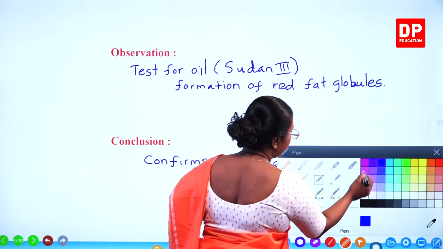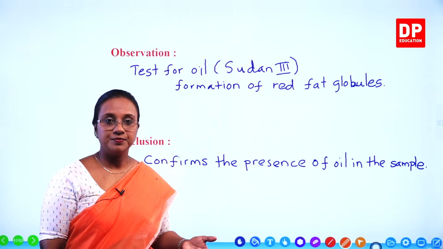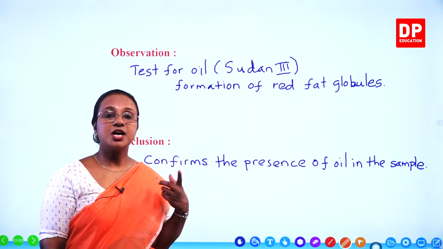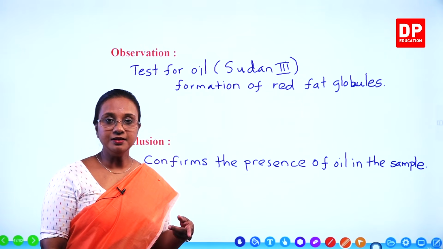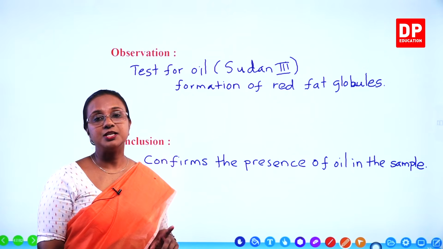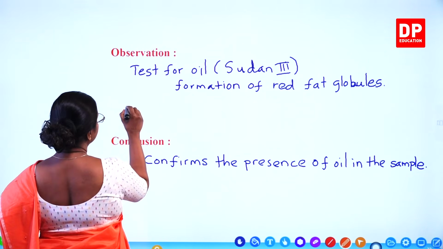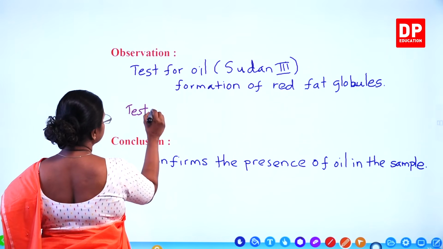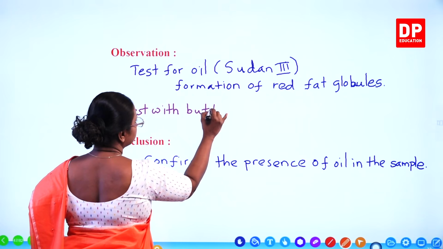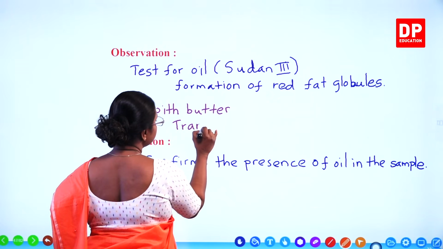And then we did the second activity with butter. In that you got the observation. Now try to remember the observation again. There was a translucent patch obtained. So the test with butter, you saw a translucent patch.